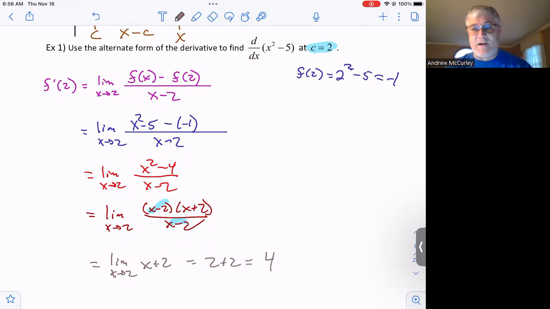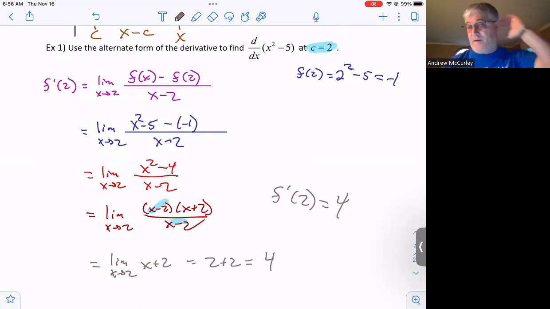So what does that say? That is not saying that the derivative of x squared minus 5 is 4. It's saying the slope of the tangent line at x equals 2 is 4. That's the answer, so f prime of 2 equals 4. And in all this, we could use all the stuff that we did for limits, maybe conjugates or expanding like we did yesterday.